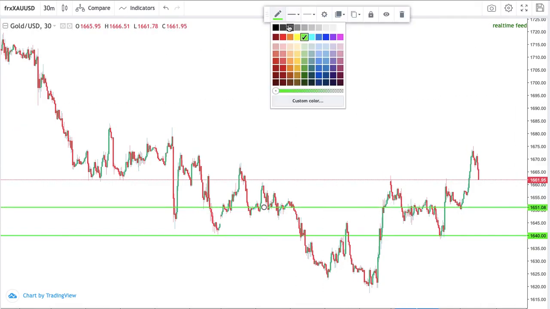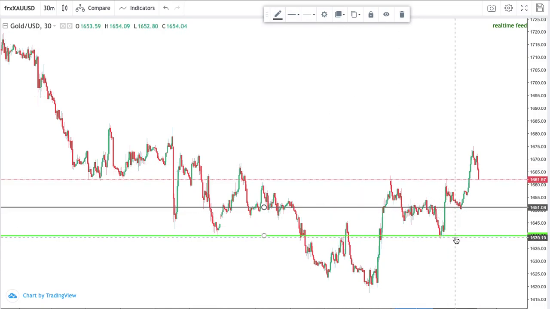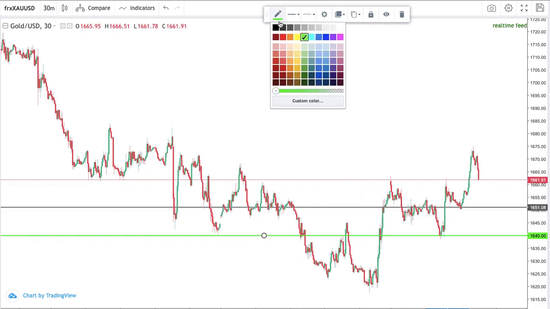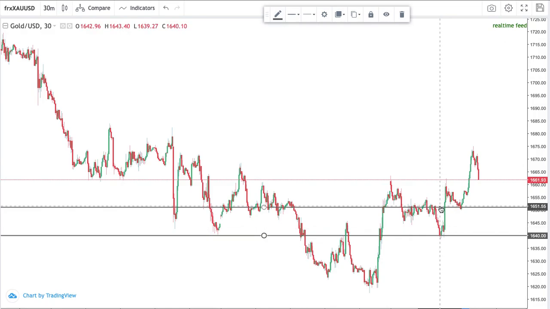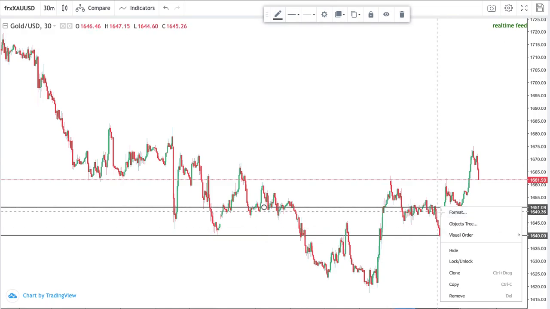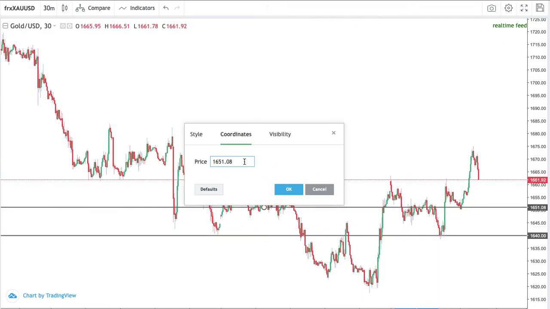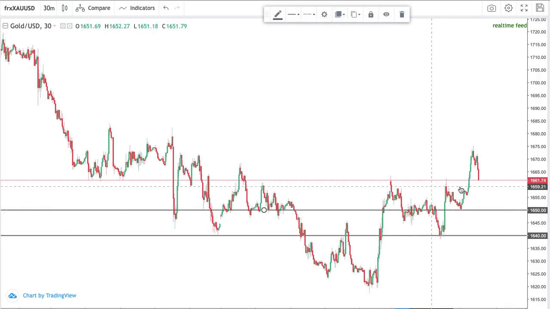Forget the color, I'm going to change it. 1650. Okay, so let us modify this so that we can actually get the accurate points. 1650.00. Okay, that is it. Are you seeing it?